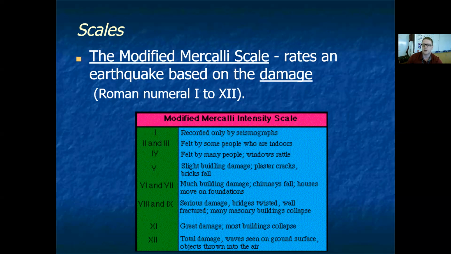That can range from recorded only by seismographs as a 1, felt by some people, some slight building damage, great damage where buildings collapse, all the way up to total complete damage. You literally see the seismic waves on the ground, which throw objects up into the air, as a 12.